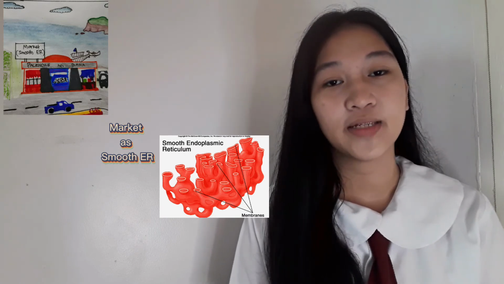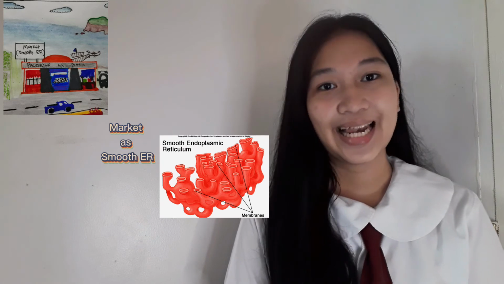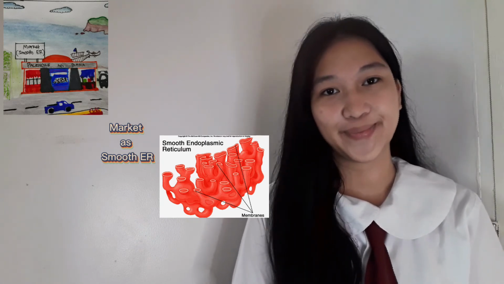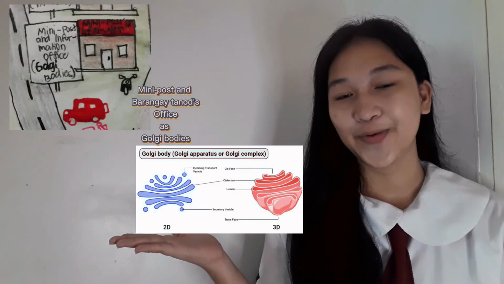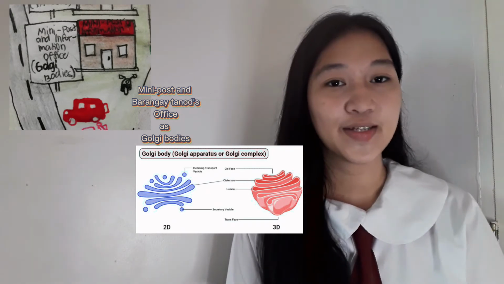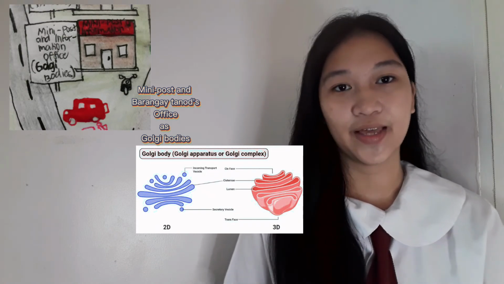The market provides such as proteins, fats, carbohydrates, lipids, and enzymes, then packages them and sends them off. The eighth organ I chose as Golgi bodies is the mini post and barangay tanod's office, because just like some barangay tanods do to the mail, they are packaged, sorted, then distributed around the cell and community.